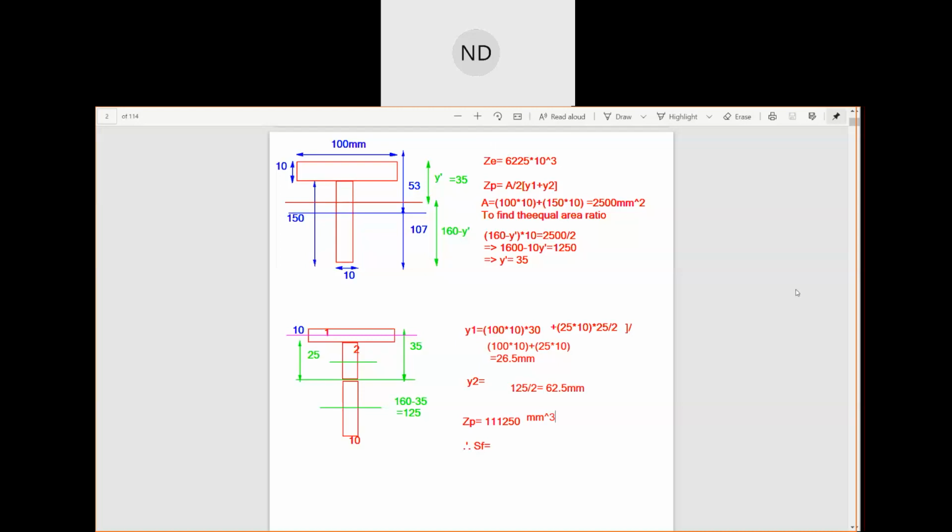ZP is correct. Find out the shape factor now, ZP by ZE. Till then I can check.